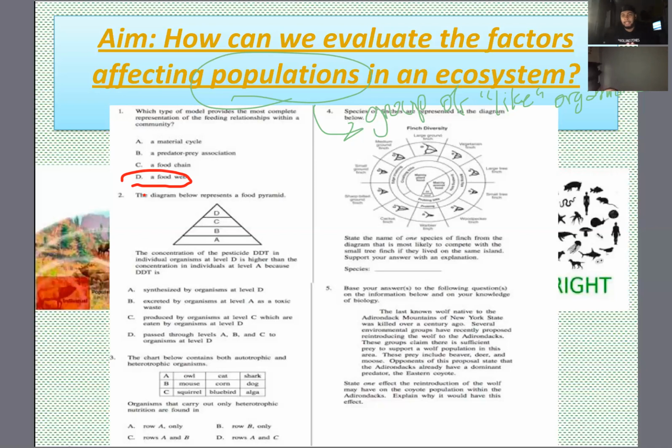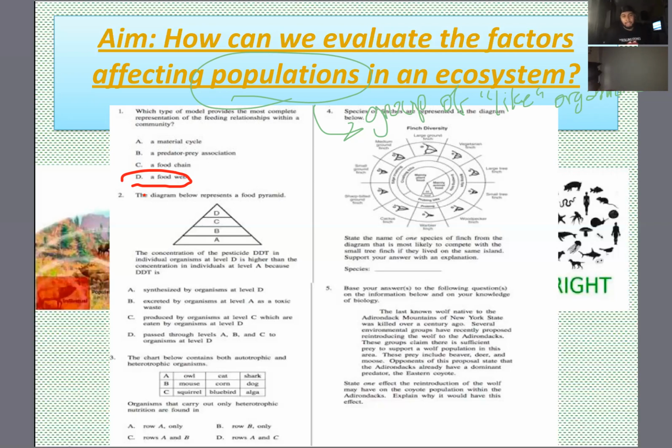Material cycle does not involve biotic factors. A predator-prey association, not every organism on Earth has that type of relationship. A food chain is pretty accurate, but the most accurate is a food web because it shows all of the different types of organisms that another organism can consume or obtain its energy from.